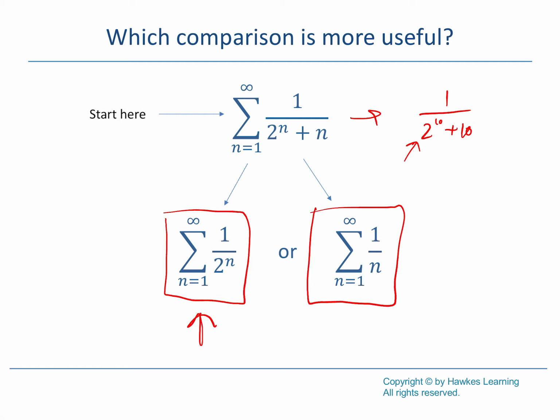And so that's just an example of something to look out for when you're trying to make comparisons that are more useful. Maybe think about what happens 10 terms down the line, and which one seems to be more similar.